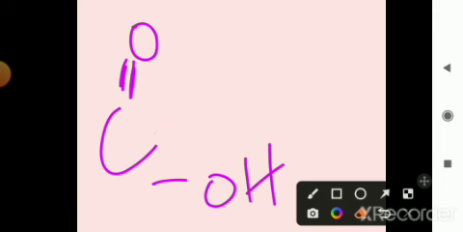Now if your C is having something like this, CH, C, like this, so it is the alcohol. It may be anywhere, but like this I am just telling you. If it is like this, so it is a ketone. Double bond with O, ketone. Okay, so we have seen all the things.